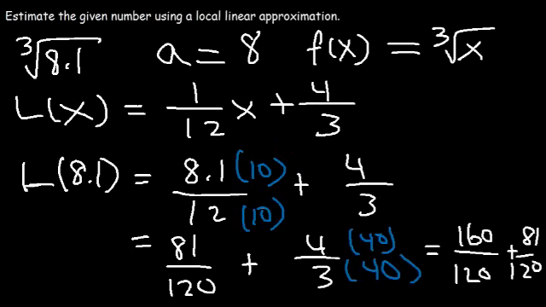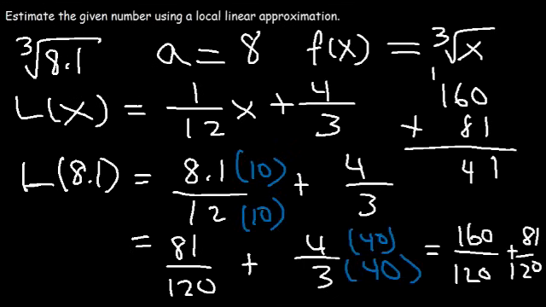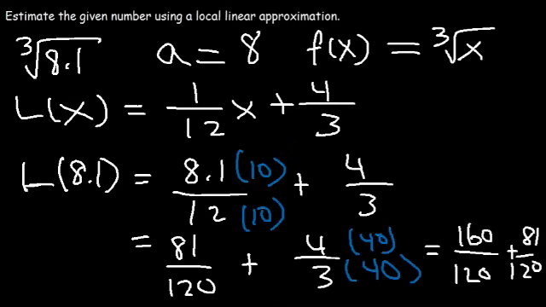So if we add these two, 160 plus 81 is 241. You can add them like this if you want. 0 and 1 is 1. 6 plus 8 is 14. Carry over the 1. 1 and 1 is 2, so you get 241. So therefore, it's going to be 241 divided by 120.